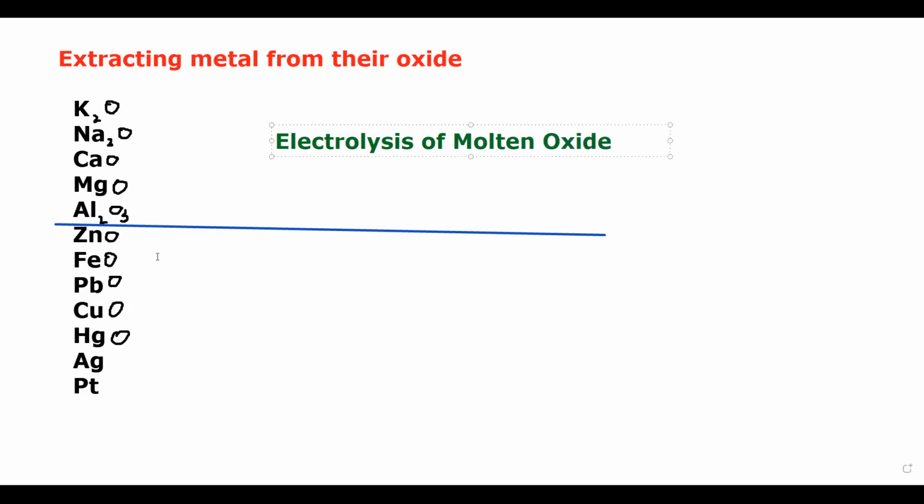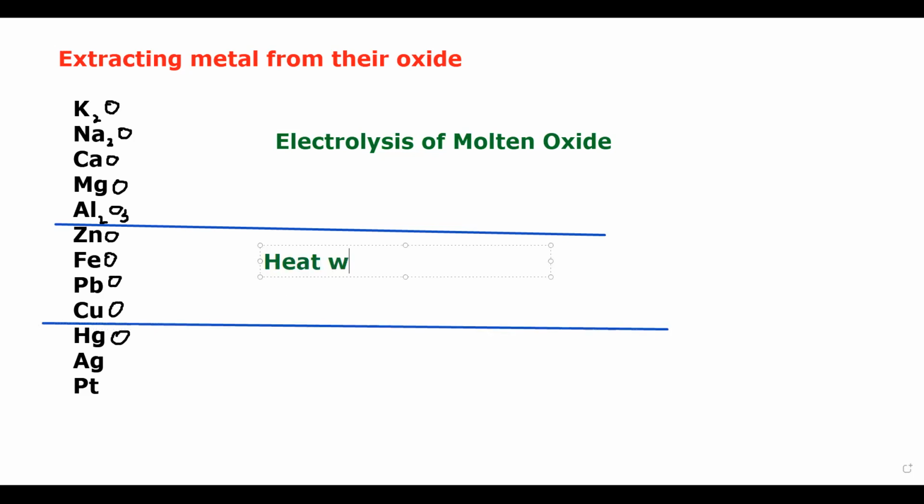But for zinc, iron, lead, copper, we can use two methods. Either we can heat with coke or carbon, or carbon monoxide.